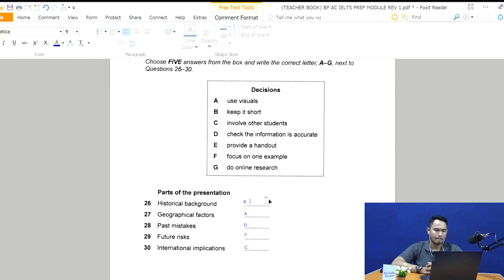We could have some maps of different cities with these features marked. On a handout, you mean? Or some slides everyone can see? Yeah, that'd be better. It'd be good to go into past mistakes in a bit more detail. Did you read that case study of the problems there were in New Orleans with flooding a few years ago? Yes. We could use that as the basis for that part of the talk. I don't think the other students will have read it, but they'll remember hearing about the flooding at the time.